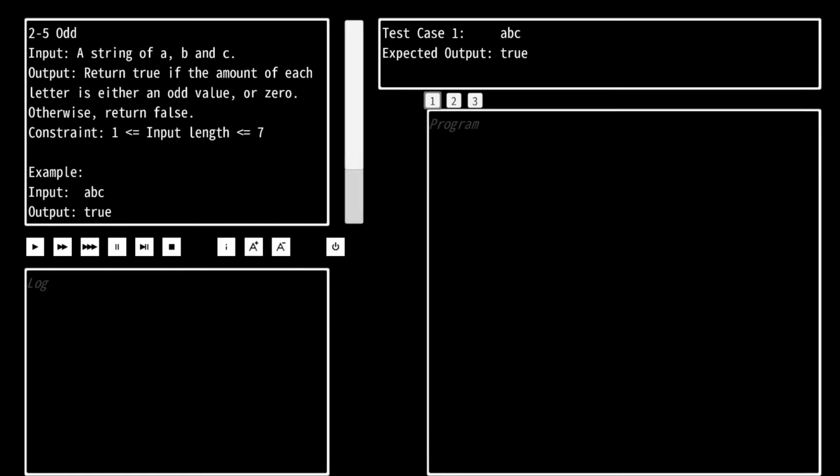So how do I test this? How do I check if something is an odd value or 0? Let's start with one letter at a time, right? Let's simplify. Let's say we're only dealing with A's. If I reduce by 2 down to a single A, then we're good, right?